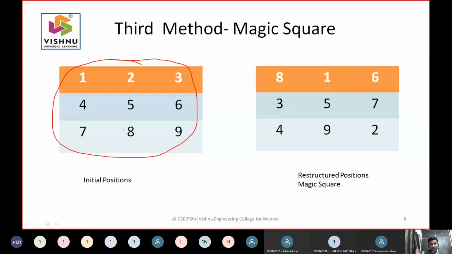But this third methodology says, what will happen if you change the positions in such a way that when you count them row wise, you get 15? 8 plus 1 plus 6 is 15. 3 plus 5 plus 7 is 15. 4 plus 9 plus 2 is 15. Even if you count column wise, you will get 15. 8 plus 3 plus 4 is 15. 1 plus 5 plus 9 is 15. 6 plus 7 plus 2 is 15. Even in terms of diagonals also.